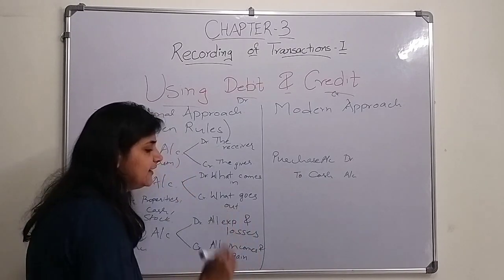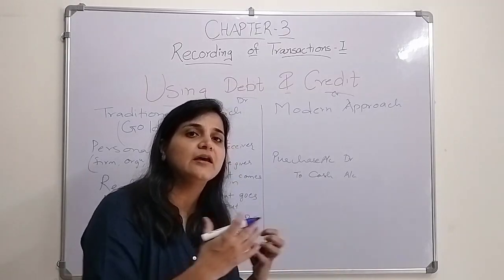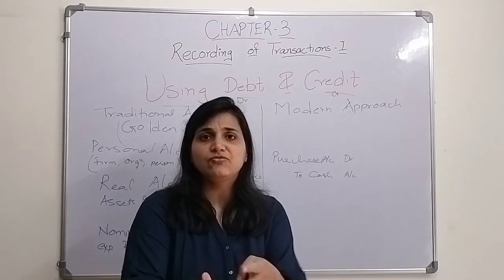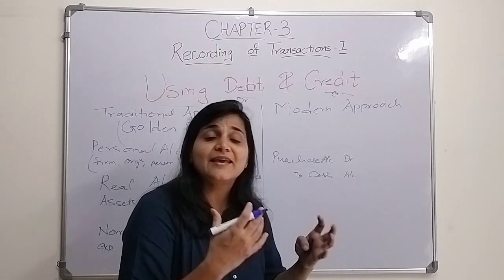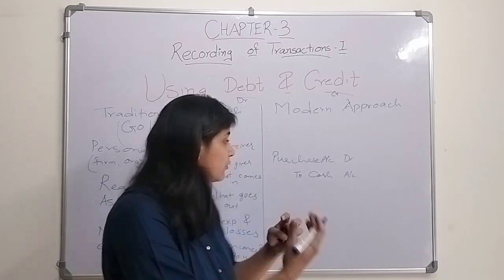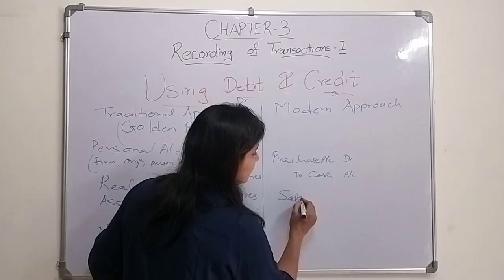Whatever expense I am incurring, I will debit it. Whatever income I am earning, I will credit it. Say I have to give salary to the employees. Salary is an expense for me, and I give it in the form of cash. So debit all expenses and losses: salary account will be debited.